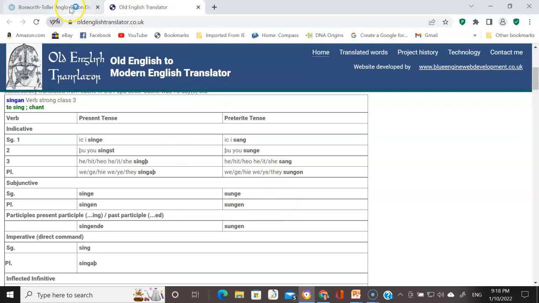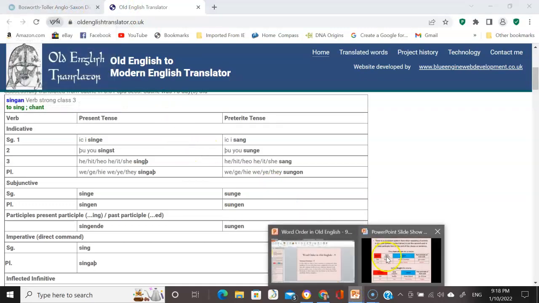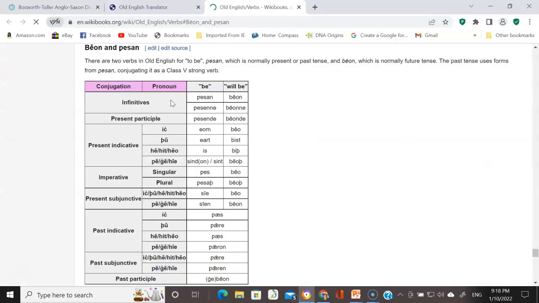And one other thing perhaps I should show you is bith. There's something in Wikibooks. Here we are. Beon and wesan, the to be verb. Wesan is normally the present or past tense, whereas beon is normally, in a sense, future tense, will be.